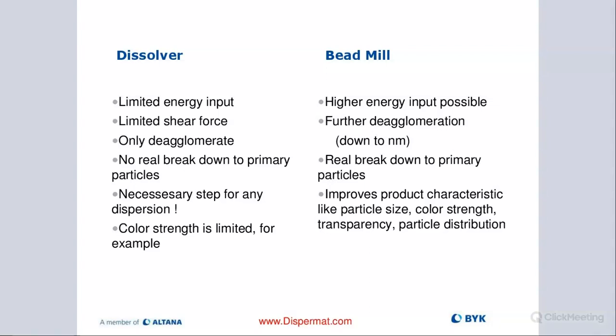So with the dissolver, we're able to just put in a limited amount of energy because we only have a blade, we're not using media. Again, it's only for de-agglomeration, not to go from aggregate to primary. But it is a critical step. It's important. We're also wetting our pigments. We make good use of the additives that are in there.